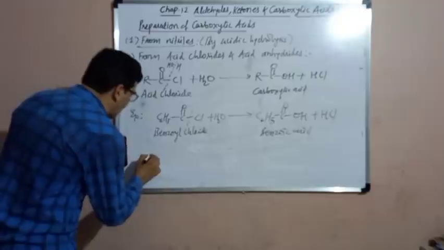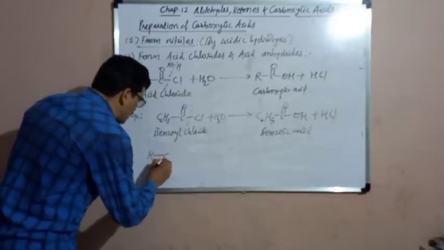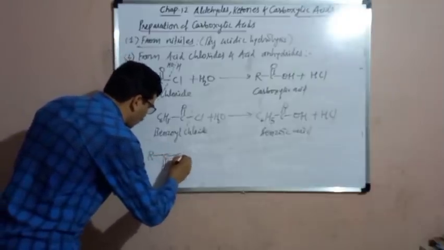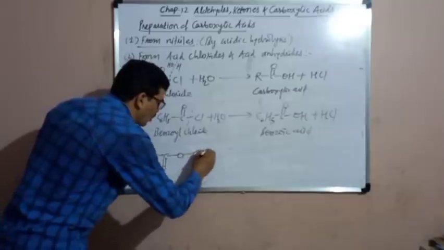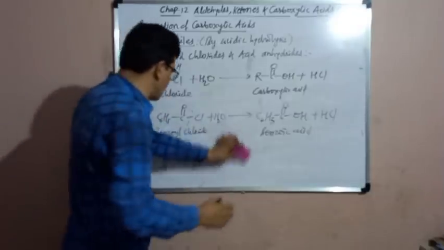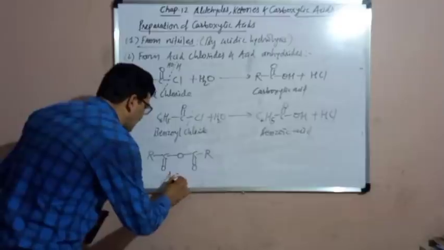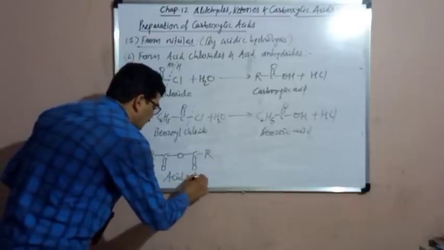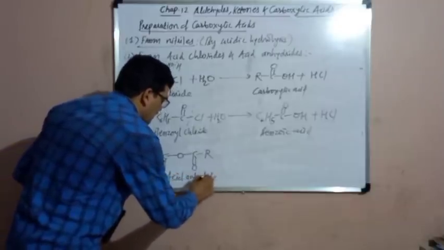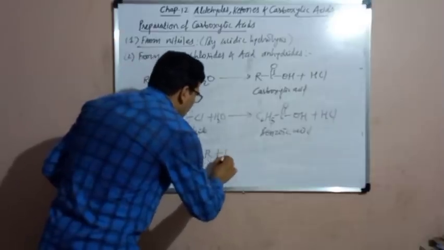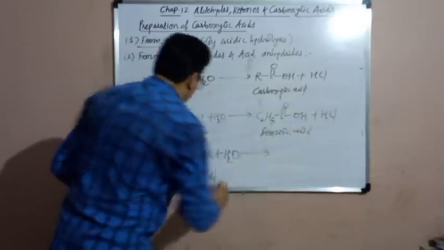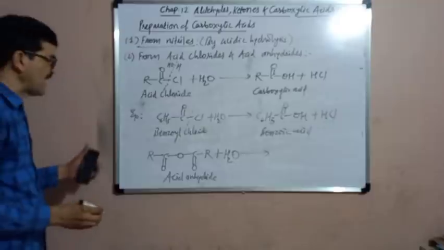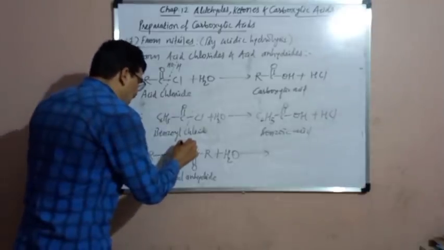Now acid anhydride. General formula of acid anhydride is R, C double bond O, O, C double bond O, R. This is the acid anhydride. The acid anhydride is also hydrolyzed by water, broken down by water.